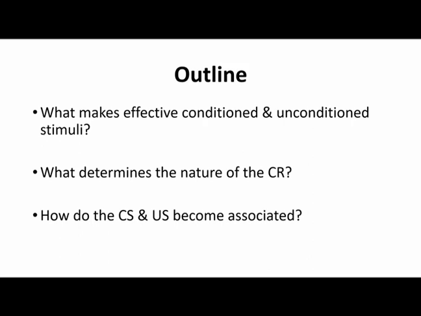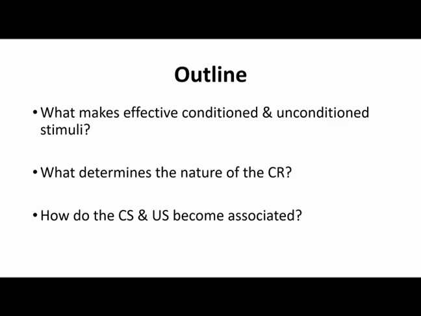We've looked at salivation, eye blinking, fear, locomotor approach or withdrawal, different kinds of aversions. But why does one set of responses become conditioned in one situation, but a different set of responses develop in another circumstance?